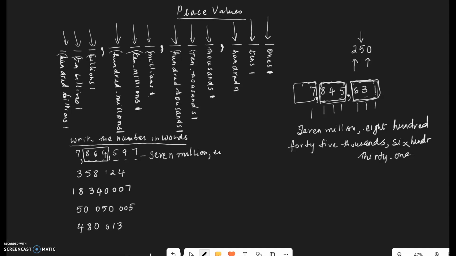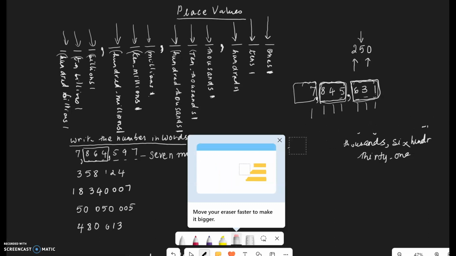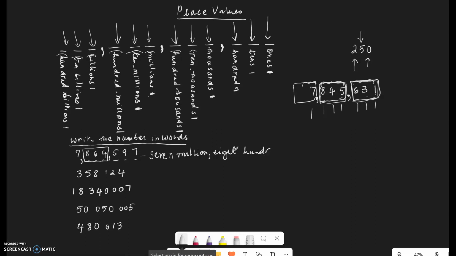864. Let me just erase this. 864, and then this next comma, since it's the thousands period, is replaced by the word thousand.